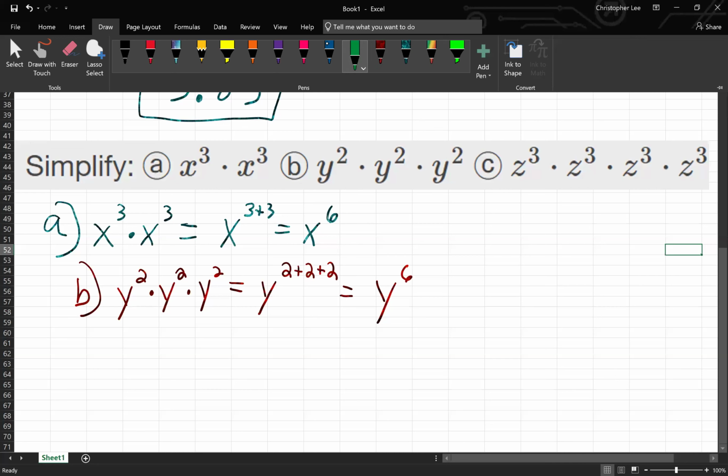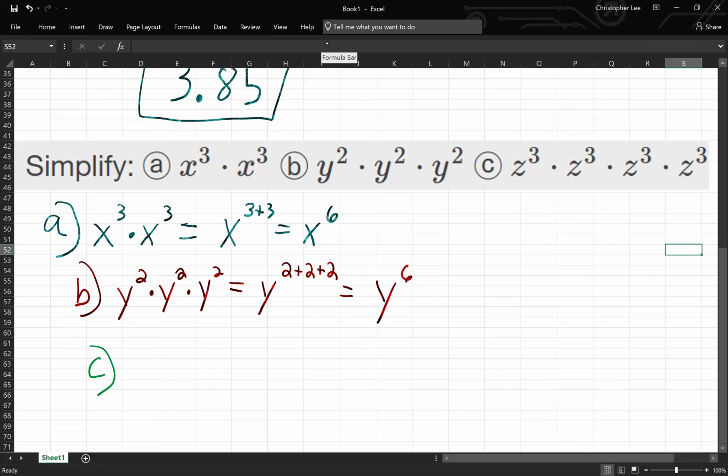And I'm gonna do C. So for C, I have Z to the third times Z to the third times Z to the third times Z to the third. So I have 4 Z to the thirds. We know that this is going to become Z to the 3 plus 3 plus 3 plus 3 power.